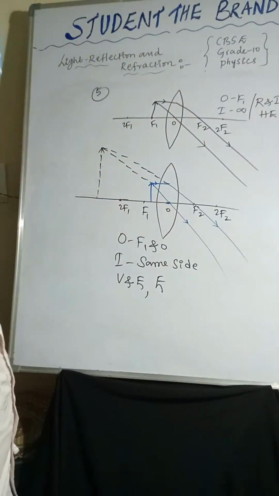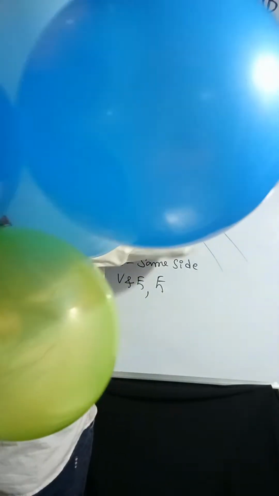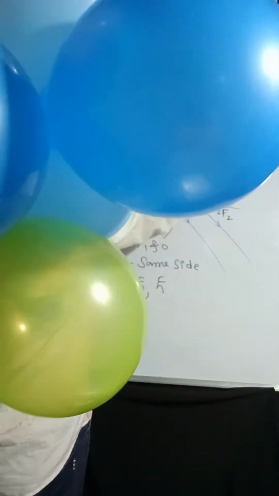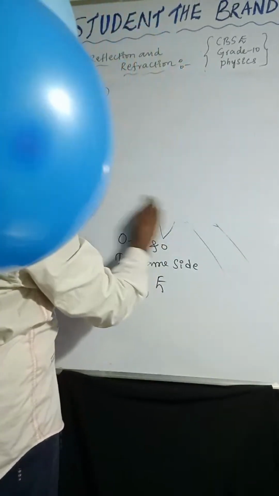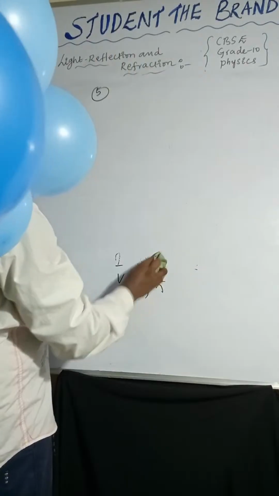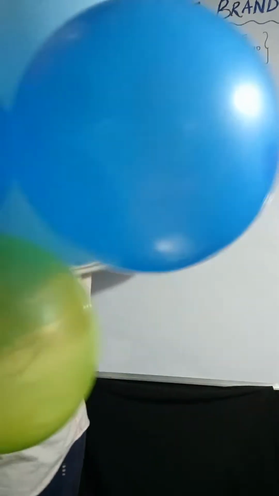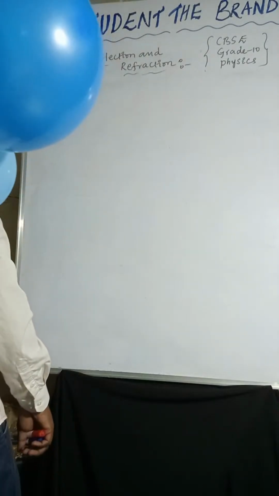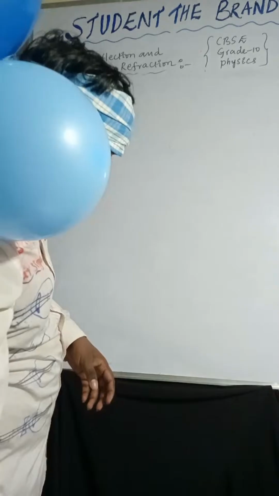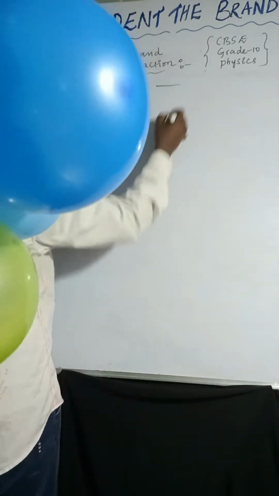Concave lens has only two image formations.